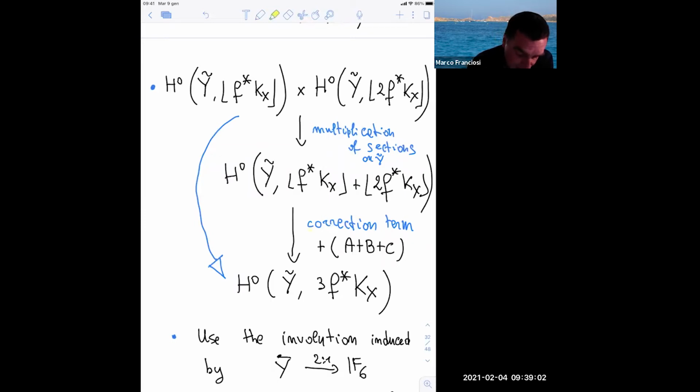And here we have a correction term, since indeed the map maps onto 3KX. So we need to add these correction terms. So this is why we did the construction of the multiplication map of the canonical ring.